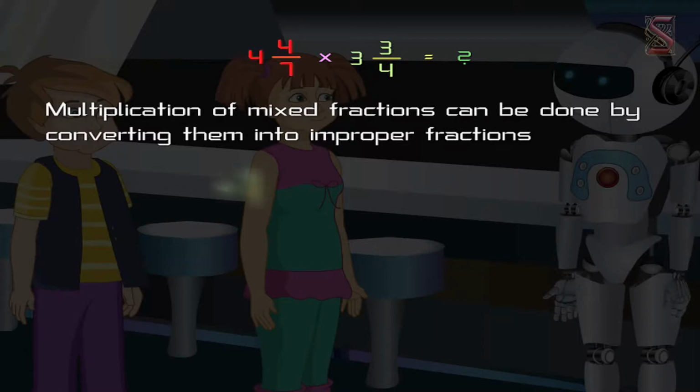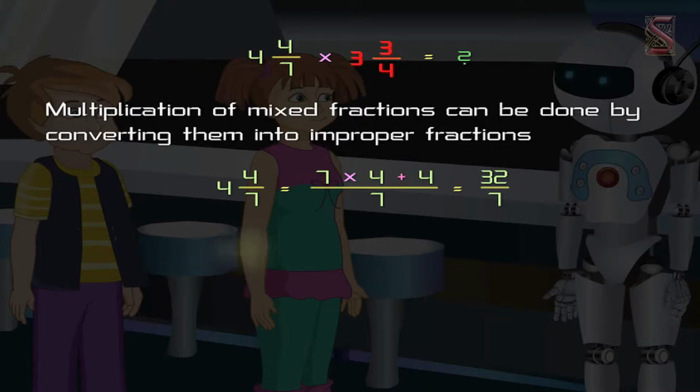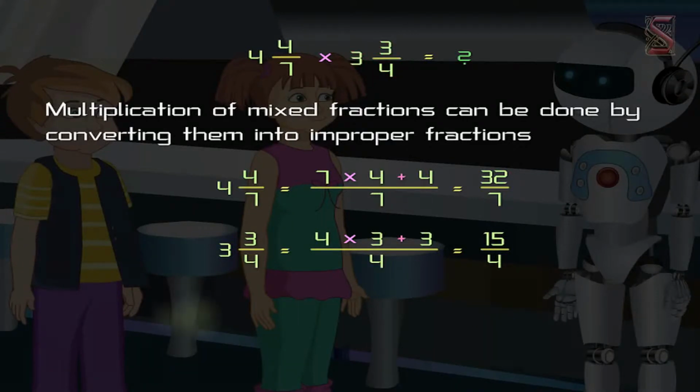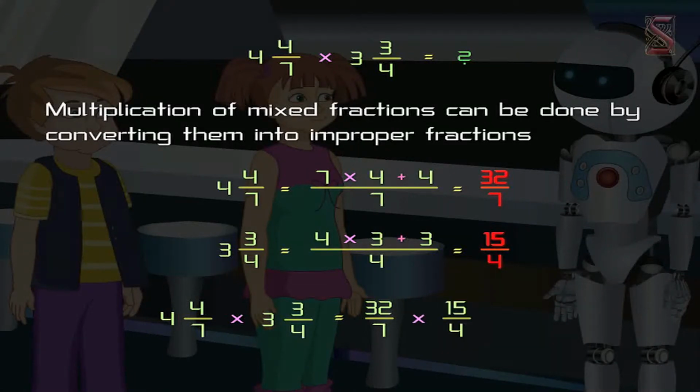Here, 4 by 7 is equal to 32 by 7 and 3 by 4 is equal to 15 by 4. Hence, multiplication of 4 by 7 and 3 by 4 becomes the multiplication of 32 by 7 and 15 by 4. The answer is 120 by 7.